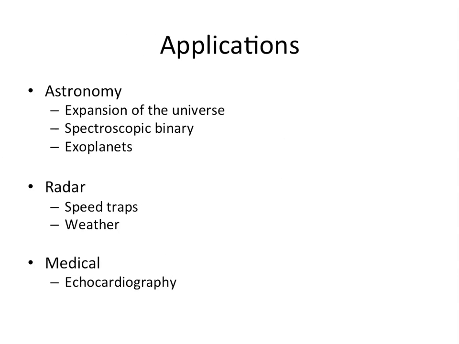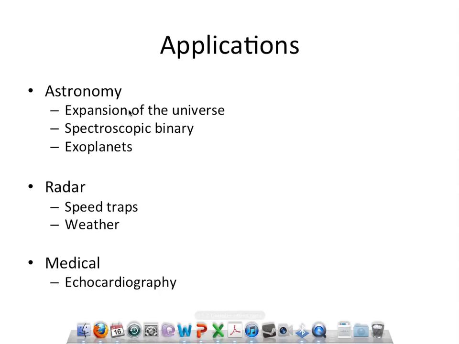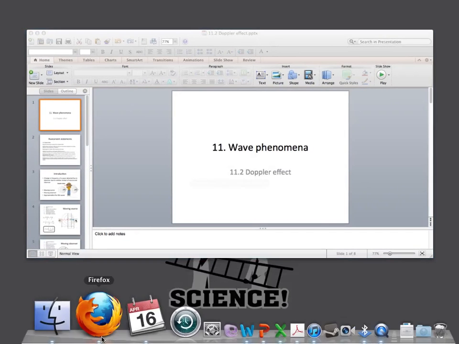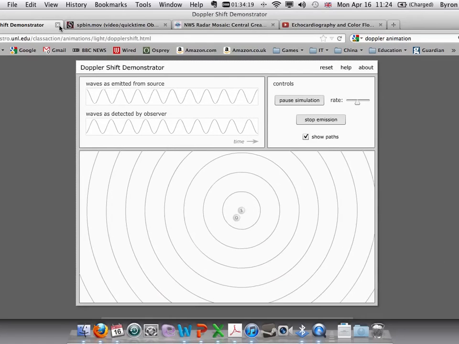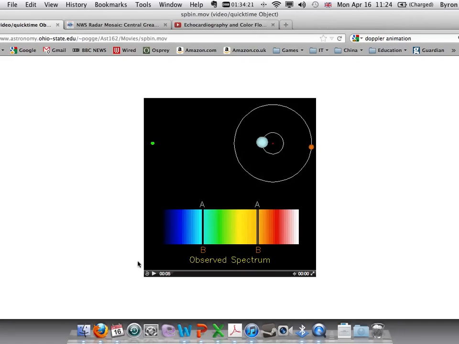Going through applications rapidly, there are lots of applications in astronomy, quite a lot of which we'll look at in our future optional unit on astronomy. But I can give you one quick flash of that. This is a situation where you have the Earth, the green dot, and two stars.